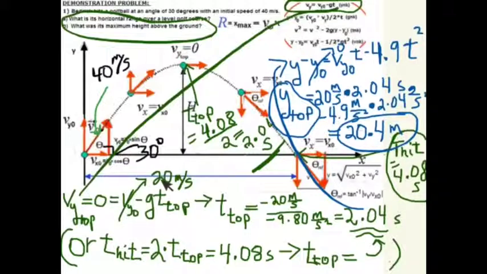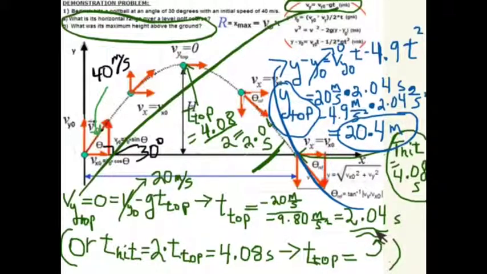That is 20 meters per second minus the acceleration of gravity times the time to the top, and so we solve for the time to the top to be 2.04 seconds. We could have also used the fact that the time from the bottom to the top is the same as the time from the top to the bottom, or that the time to hit is twice the time to the top. We had found that before to be 4.08 seconds, and so if we solve for the time to the top, we would again get 2.04 seconds.